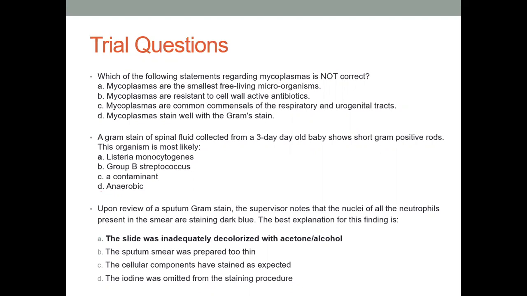Strep pneumoniae causing pneumococcal meningitis. Yes, Haemophilus influenzae. Which is the third one? Neisseria meningitidis. Okay, so these are the classical organisms that we'll be looking for in CSF.